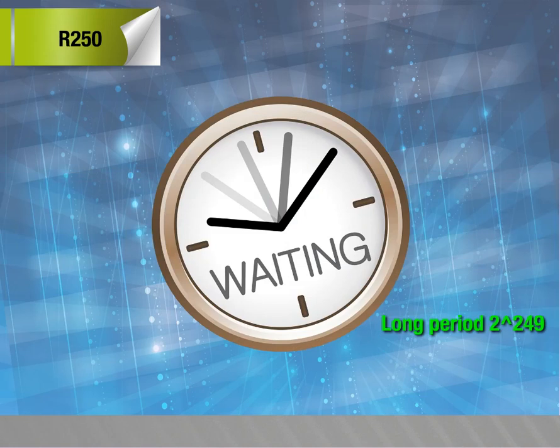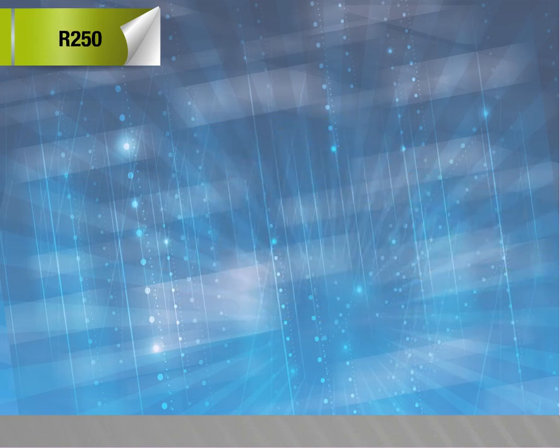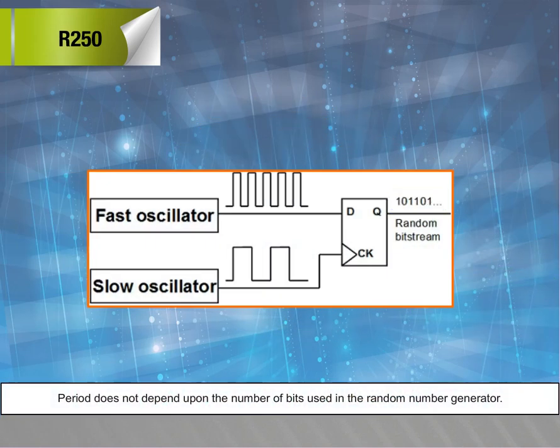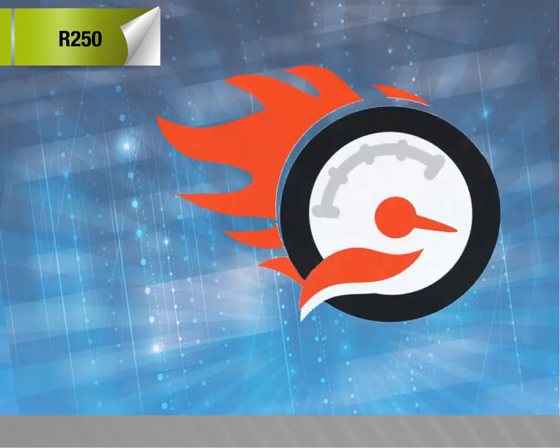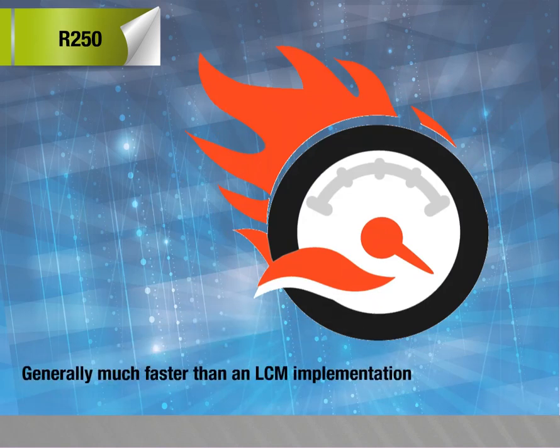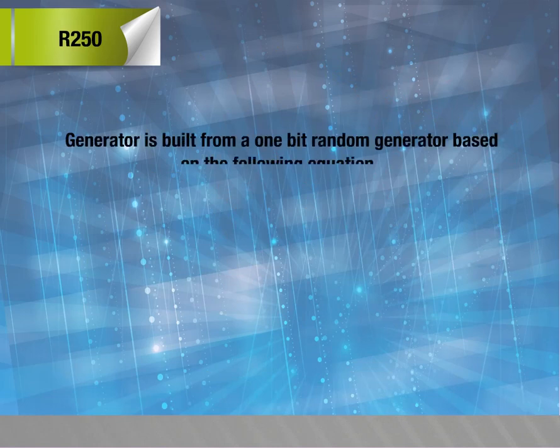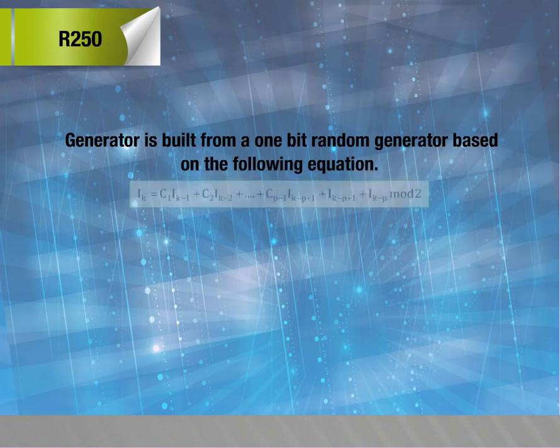Long period, 2 to the power 249. The period does not depend upon the number of bits used in the random number generator. Generally much faster than an LCG implementation. The generator is built from a 1-bit random generator based on the following equation.